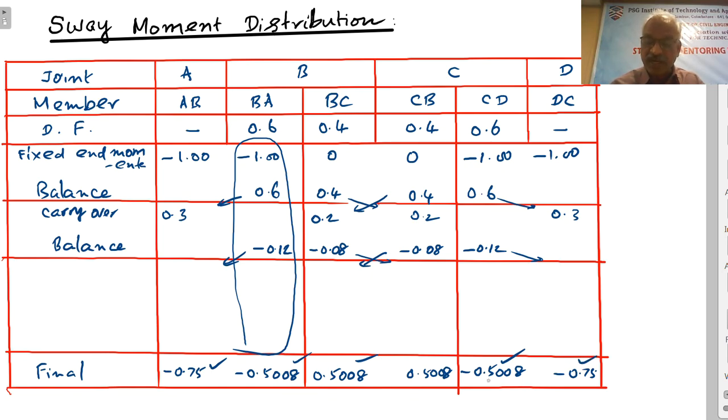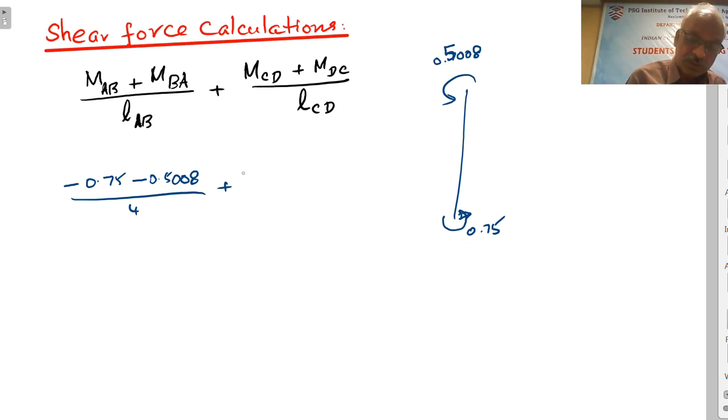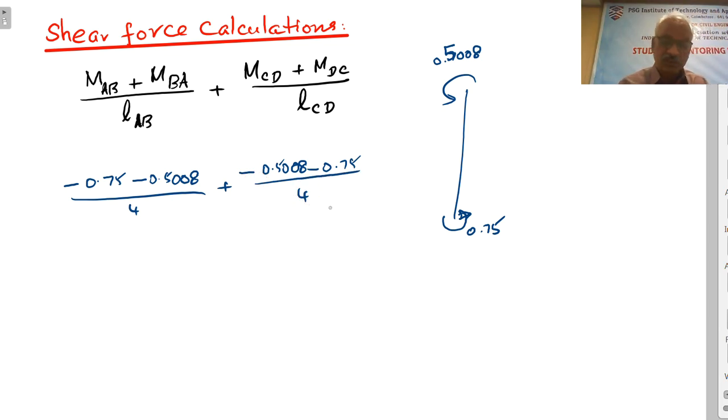MCD is minus 0.5008, MDC is minus 0.75. So this is also minus 0.75 by 4 meters. So this is only for the final moments in the tabulation.